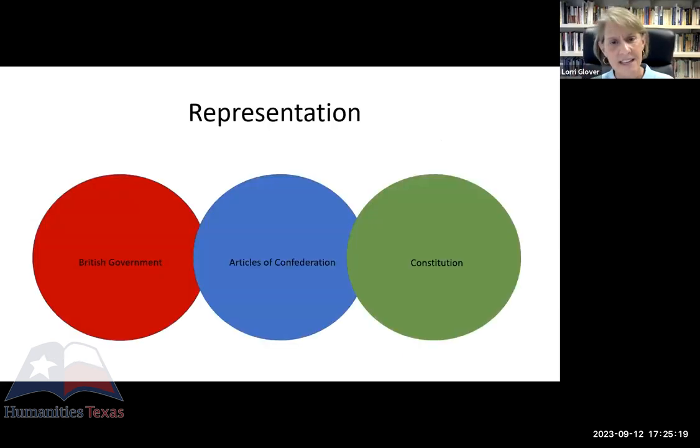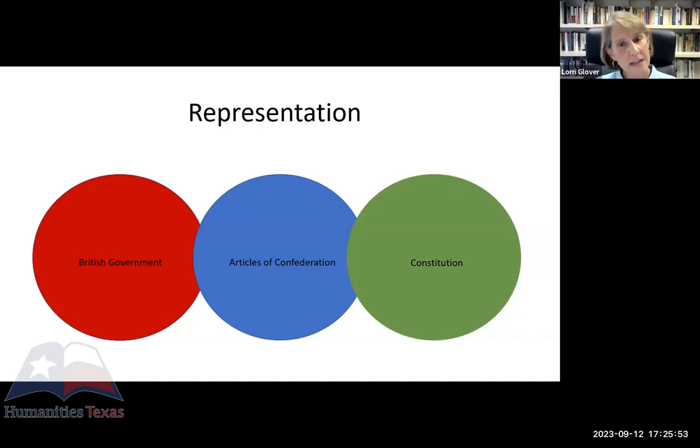So this is a slide that I use sometimes for discussion with students. We're going to come back to it in our documents discussion. But the evolution of the concept of representation was one of the central issues that was debated in the Revolutionary period. I think the central issue in state making in both the states and under the Articles of Confederation, we're still arguing about what is a fair and appropriate system of representation in the 21st century.